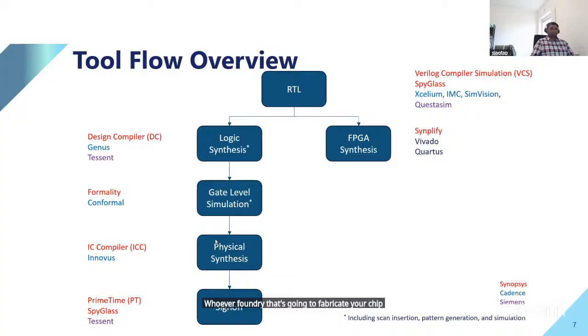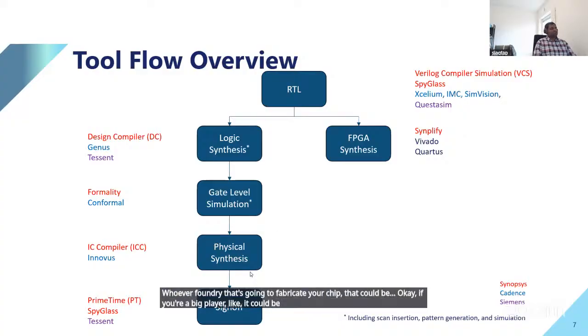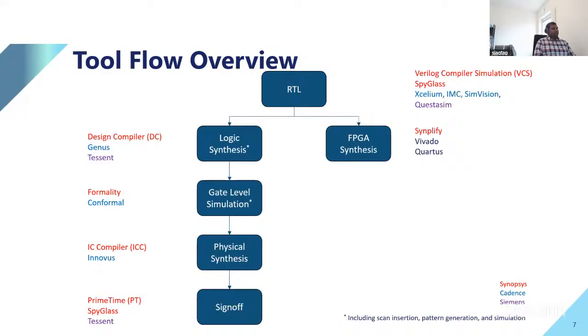If you're a big player, it could be TSMC, it could be SMIC, it could be any foundry basically. Intel normally doesn't do fabrication for other companies, they do it for themselves.